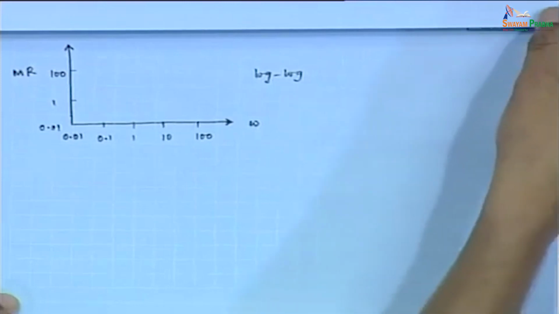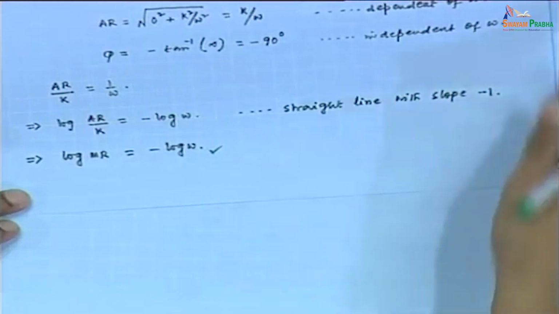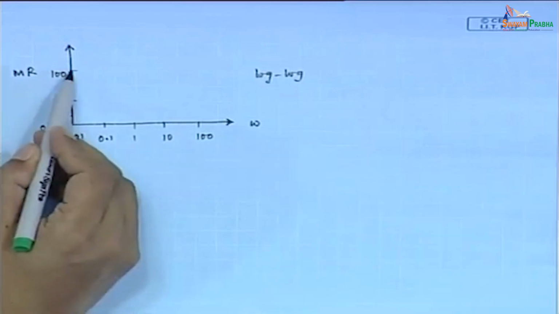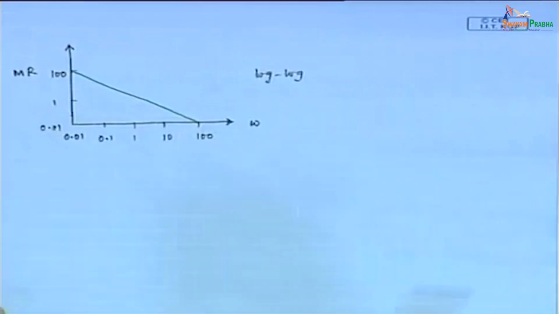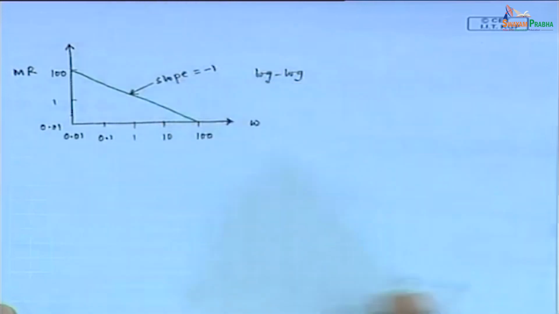Now, if we consider this equation, this straight line, log magnitude ratio equals minus log omega, then we obtain this straight line with slope minus 1. If we consider the expression of amplitude ratio in the form of magnitude ratio, we obtain this straight line with slope -1. It has the slope of -1.